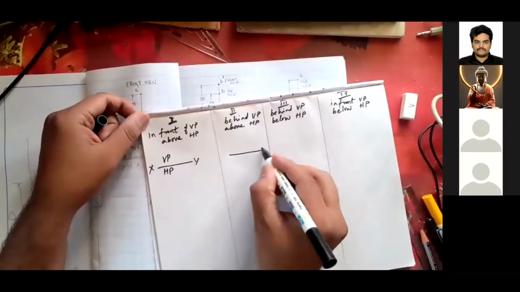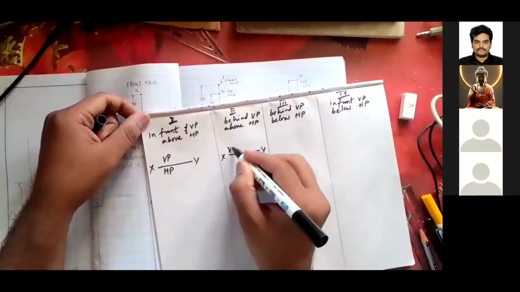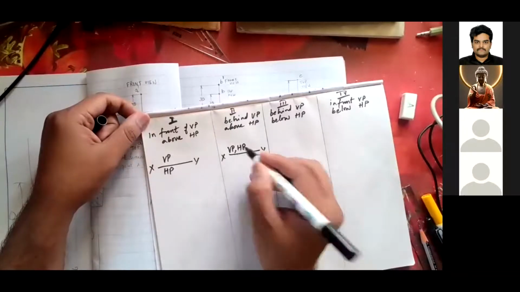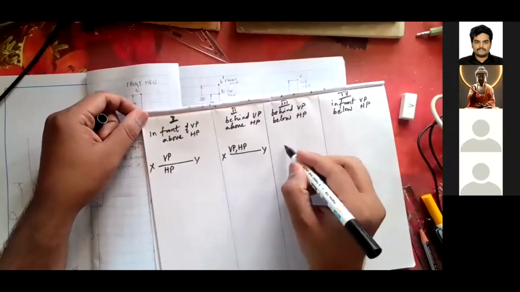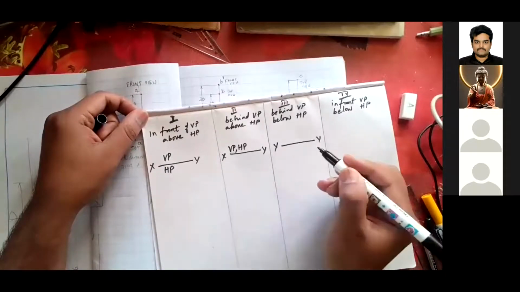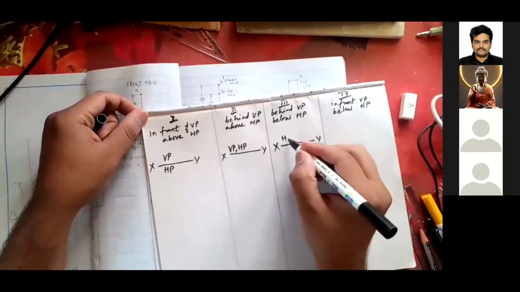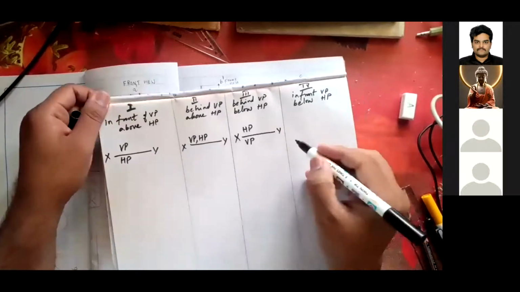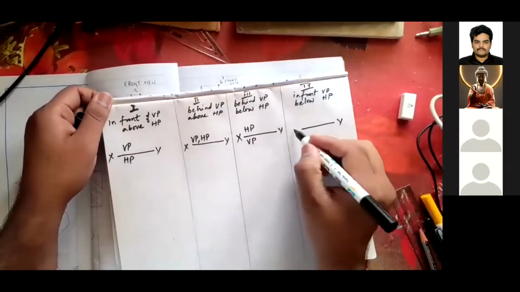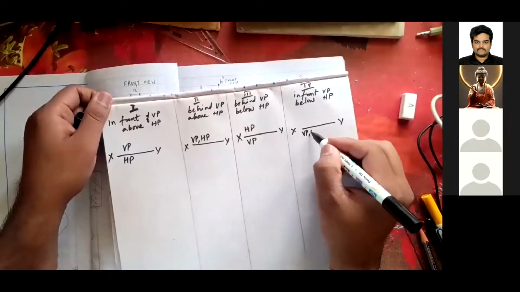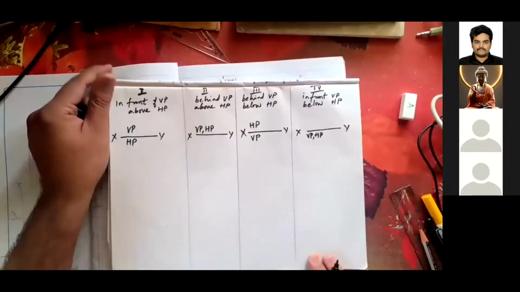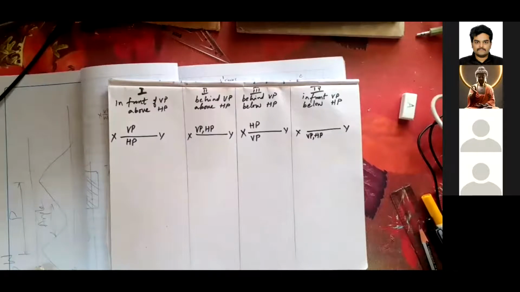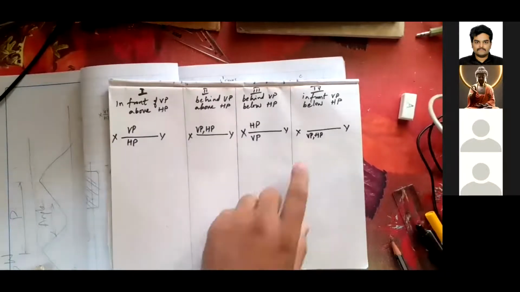If this is the XY line, in the second quadrant both planes will overlap above the XY line. In the third quadrant, HP will be above and VP will be below. And similarly, in the fourth quadrant, VP and HP both will overlap below the XY line.